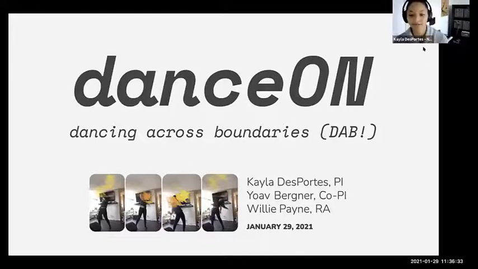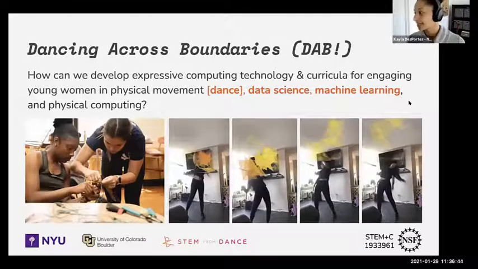Hey guys. So we're also another kind of tool that helps you take advantage of the Teachable Machine models, but specifically with the pose data. And so our tool is called Dance On, and it's part of a grant that we received from the NSF working across NYU, which is where we're from, University of Colorado Boulder, and with an organization called STEM from Dance.